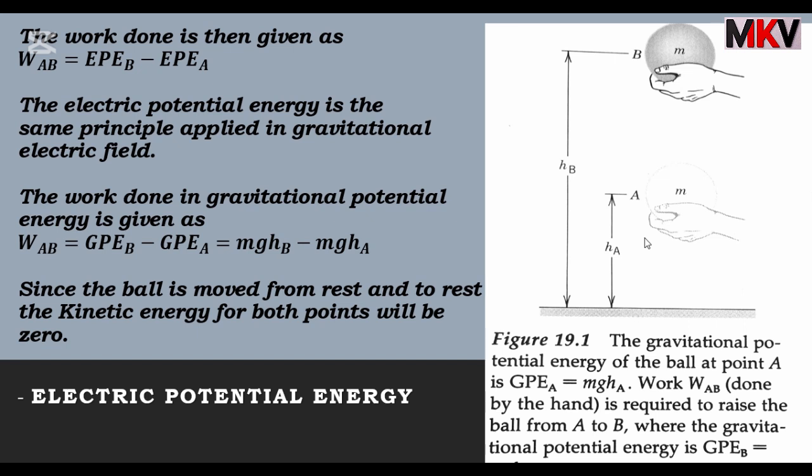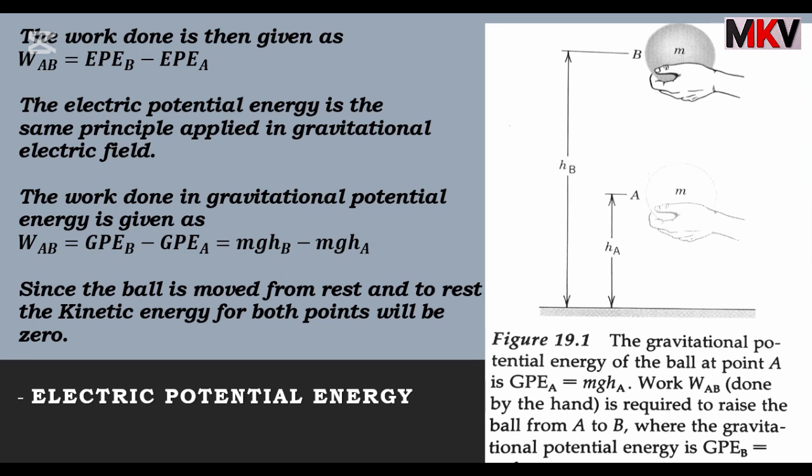So the work done in gravitational potential energy is the gravitational potential energy at point B minus the potential energy at point A. And with this, the gravitational potential energy is the mass times gravity times height.